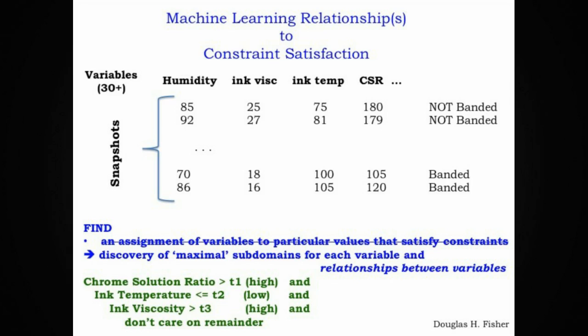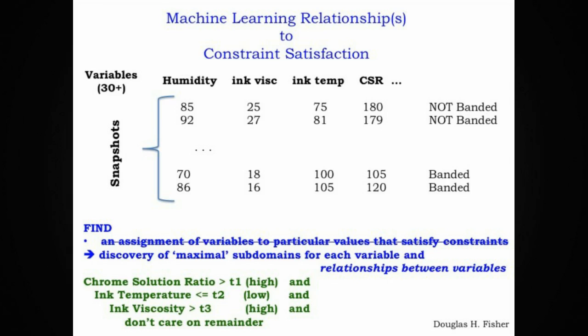So the machine learning system is in some sense taking a very simple constraint, banded equals no, and is coming up with other constraints. What has to exist about the data so as to avoid the band? And in green, I'm simply reminding you of one complex constraint that was discovered through machine learning.